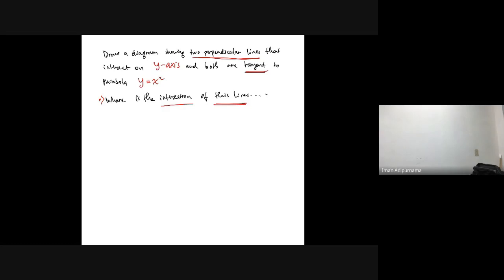The question is asking at what point these lines will intersect. It's just x squared and just a tangent. Just that information.